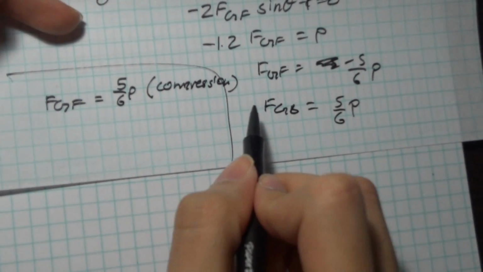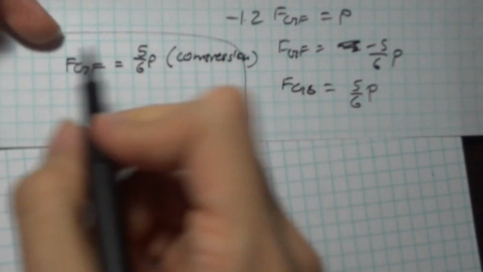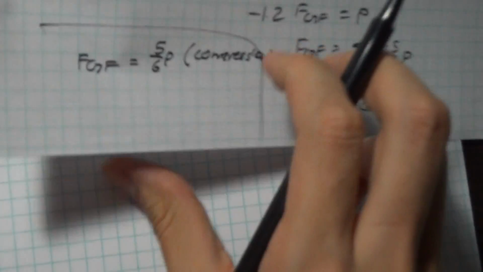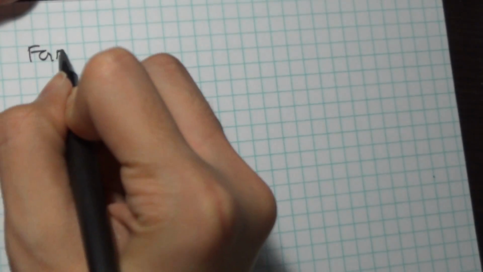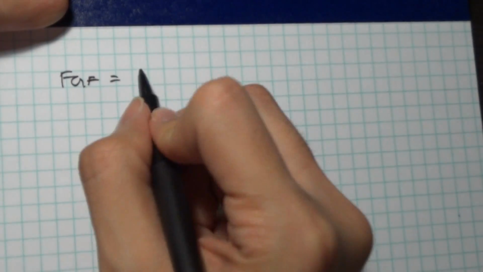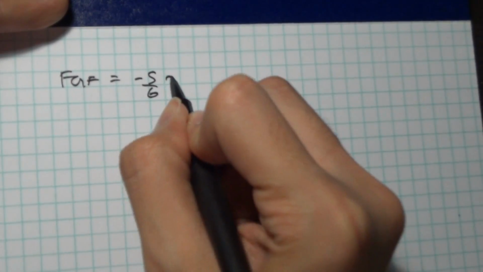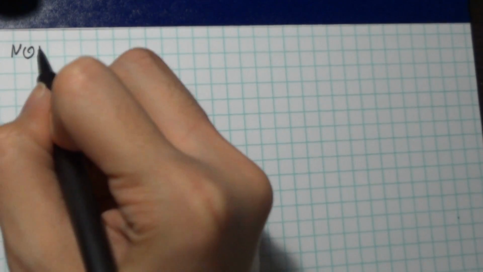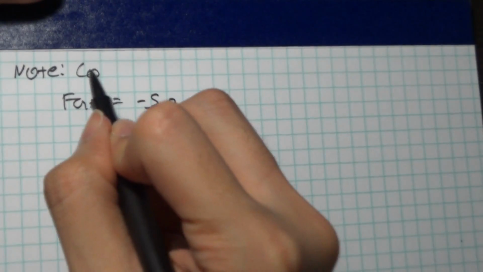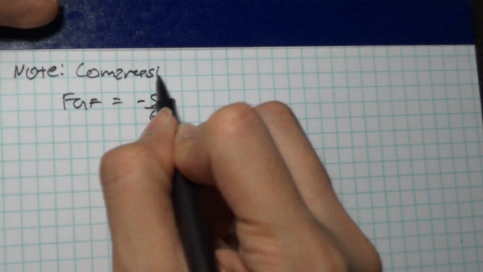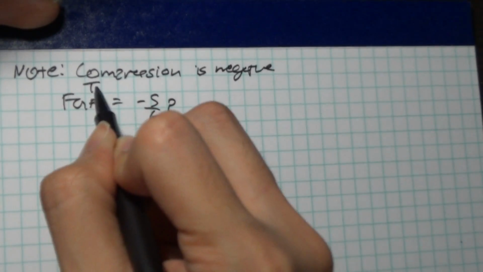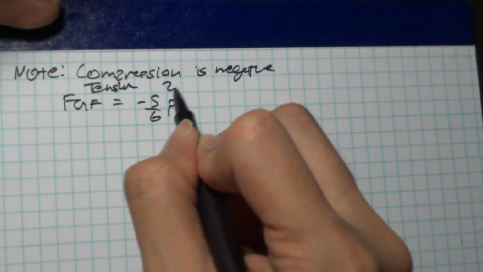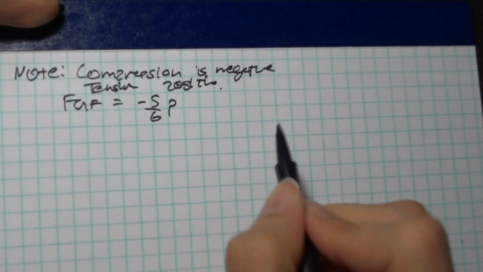I would either summarize it like this for every single force, or I would say that FGF is equal to negative 5 on 6 P, and I would make a note at the top that compression is negative, tension positive. So you can do one or the other. Please don't do both.